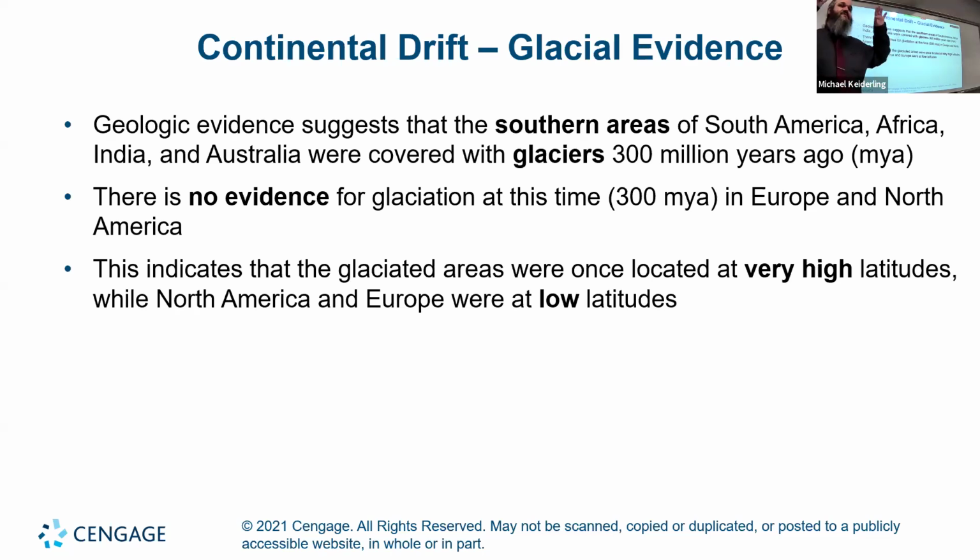Additionally, the directions that those glaciers receded, they left remnants that were preserved, indicate that they all point in the direction they would be if they were all merged together in the way Pangaea works.